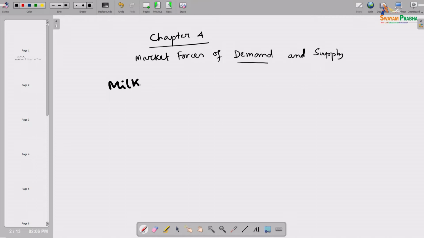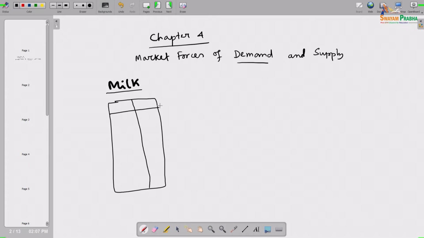Suppose for me, as a potential customer of milk, my alternative amounts of quantity demanded, how much quantity of milk I am willing to purchase, depends on the price of milk. Of course, beyond the price of milk there are so many other factors that determine my quantity demanded of milk, but in this particular case price is the most important factor.